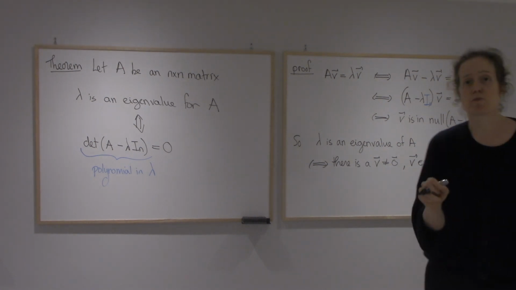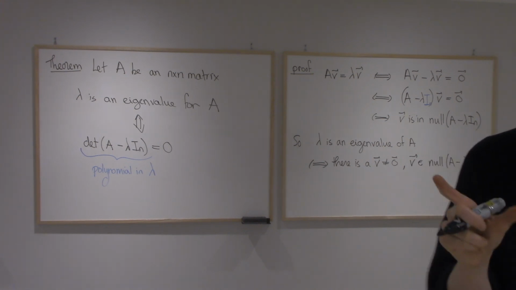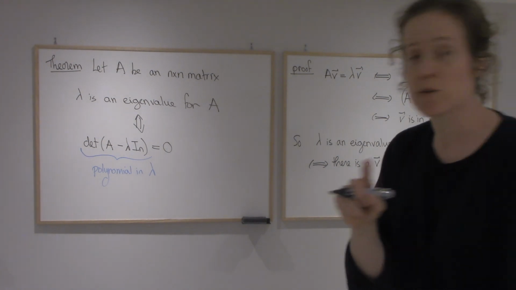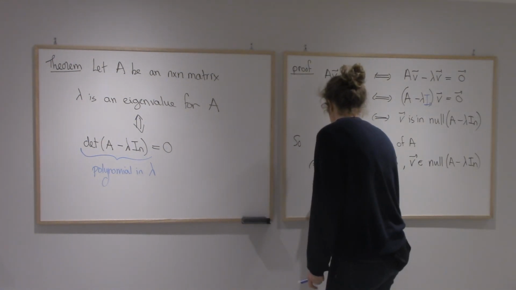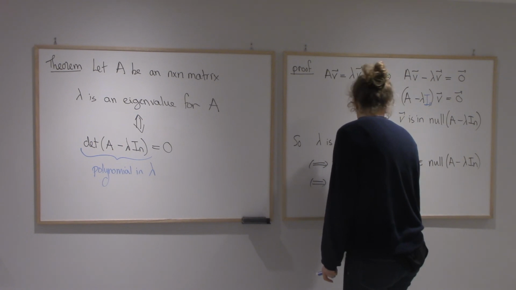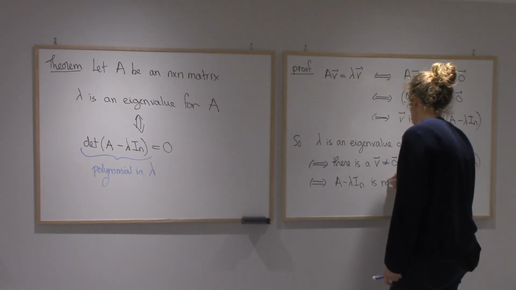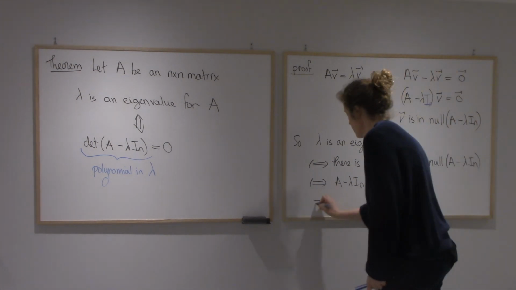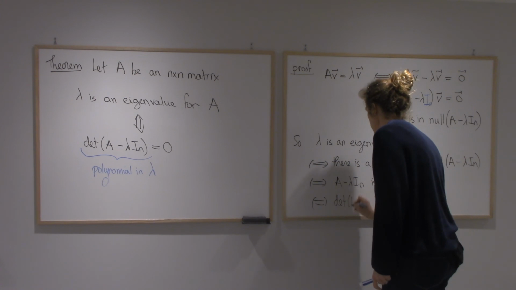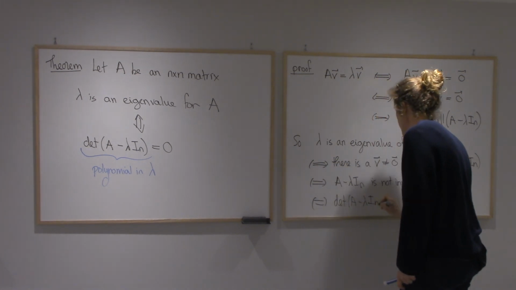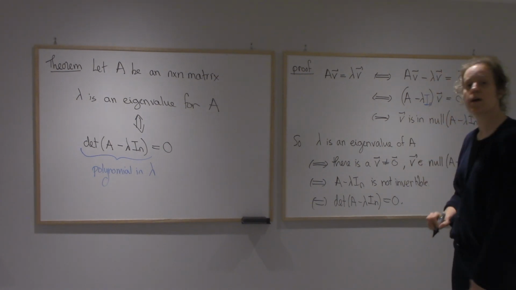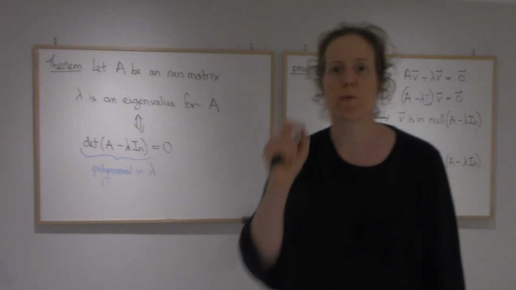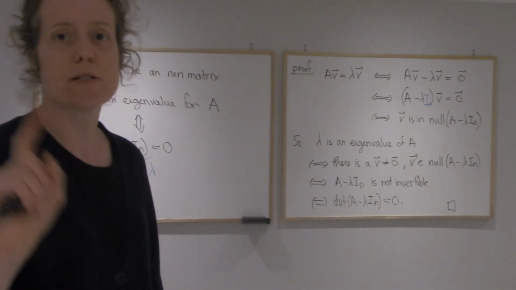And that's only true, that the null space is not just the zero space, if the matrix is non-invertible. So the determinant of A minus lambda I_n is 0. There you go, that's what we need. We have something that we can solve for, we have a polynomial, we'll be able to find the zeros, and that's awesome.